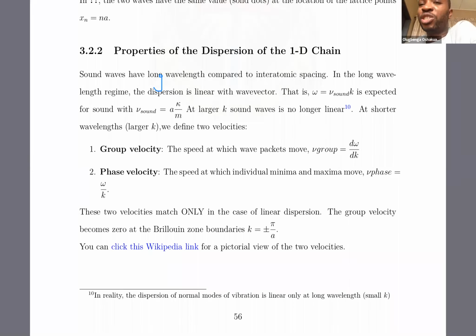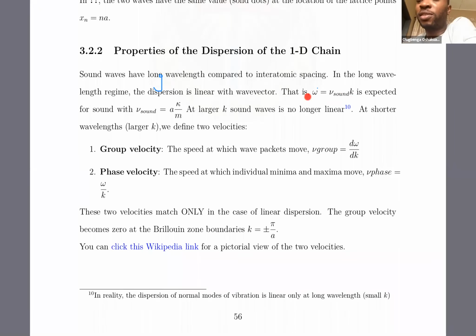In the long wavelength regime, the dispersion is linear with wave vector. You must have seen this expression before, which is saying that dispersion is linear.